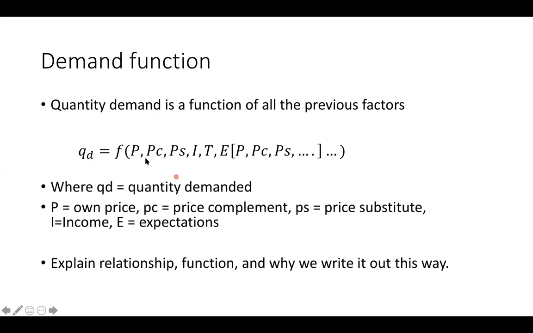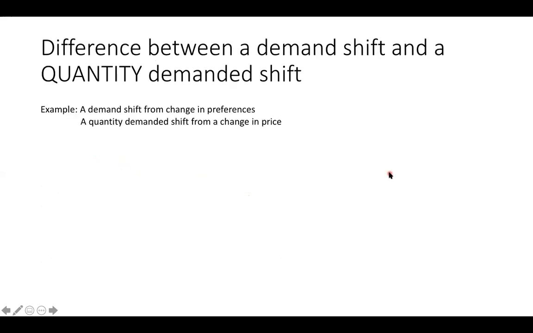We could explicitly write out the exact function. In this case, I did not. I just left it some ambiguous function F. And once again, we write it out this way because it's a lot easier to write and express all the factors that can shift that demand.